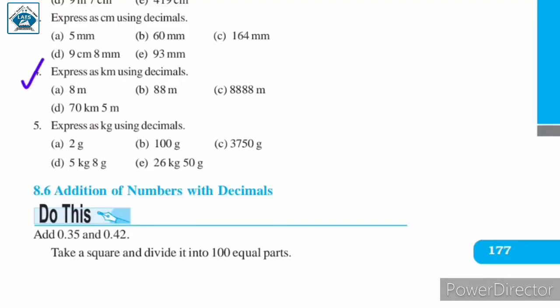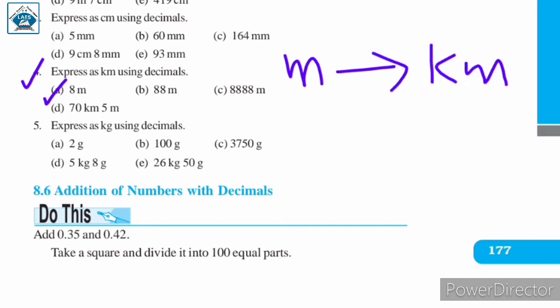Question number 4. Express as kilometers using decimals. A. 8 meter. In this question we are given meters and we need to express them as kilometers using decimals. First of all, we have 8 meter. Let us see the solution.